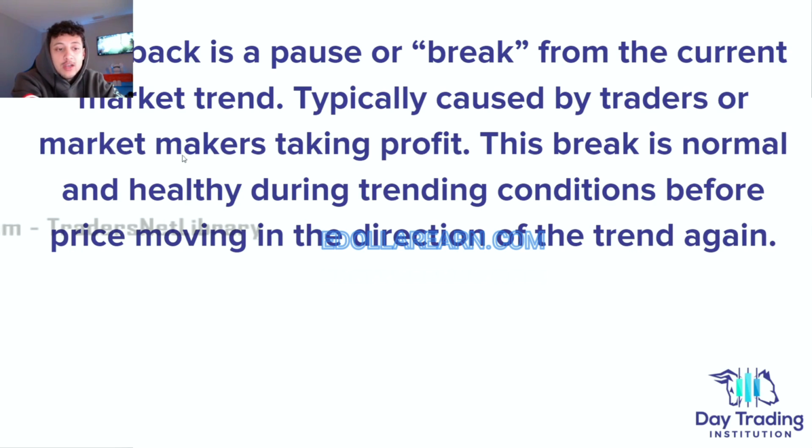This break is a normal and healthy movement during trending conditions before price starts moving in the trend again. So let's say the market is trending bullish, we're going to have a bearish pullback. That's normal. It doesn't mean that the trend has died. This is why we understand market structure, so we know when the trend has died, but a pullback is normal, right?